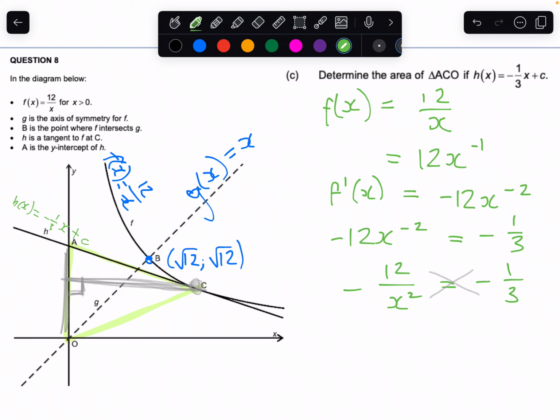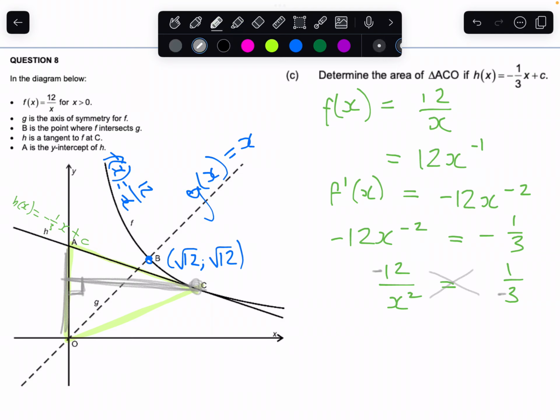The negative could either belong to this one or this one, and likewise on the other side. For the sake of convenience, I am going to give the negative to the top one over here and to the bottom one over here.